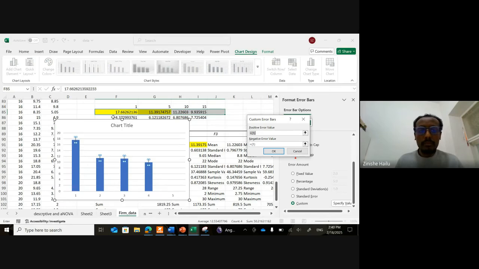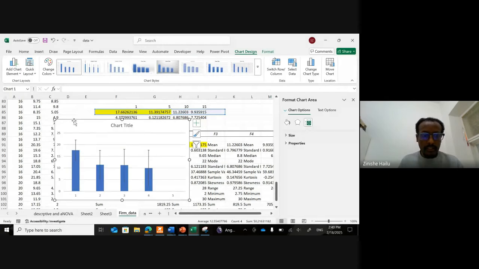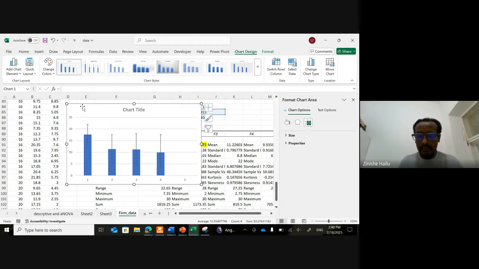So I will put this standard deviation value here, and then we'll get this, the standard deviation error bar, mean plus standard deviation. So now this label should be corrected.